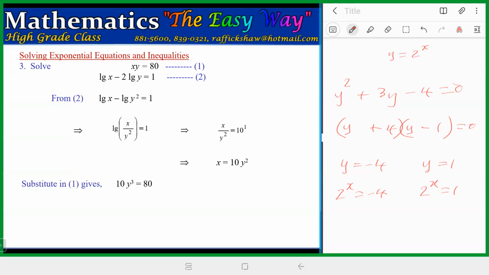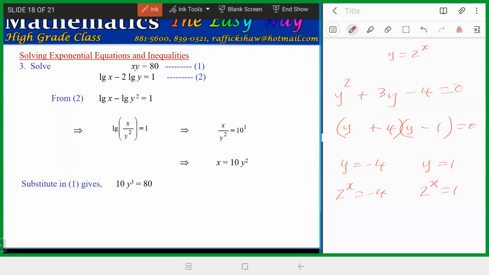Which 10? Because lg is base 10. It's not shown, but it's base 10 right there. So this becomes your N, this is your B, and this is your P: number, base, power. lg means log to base 10.